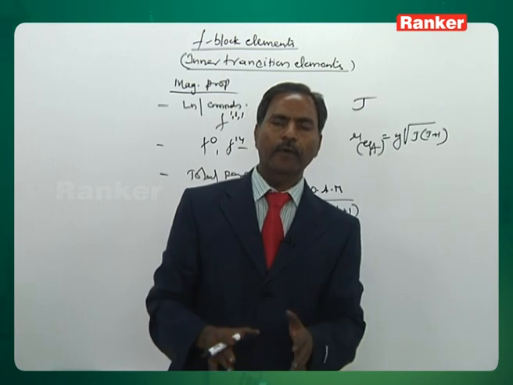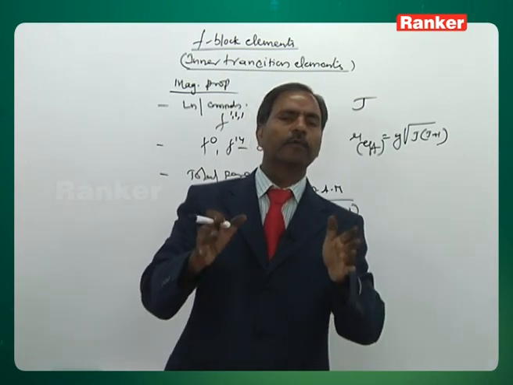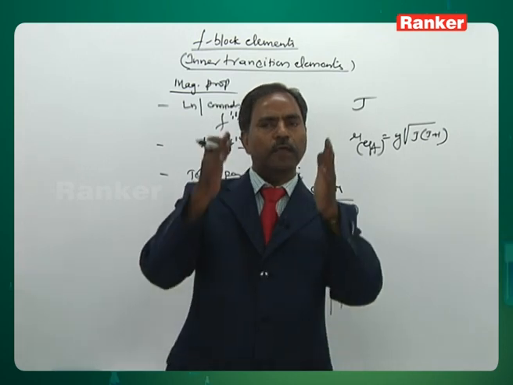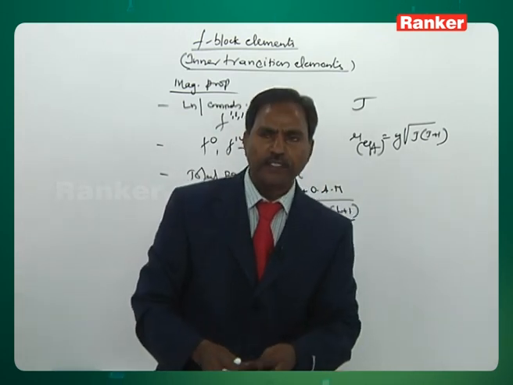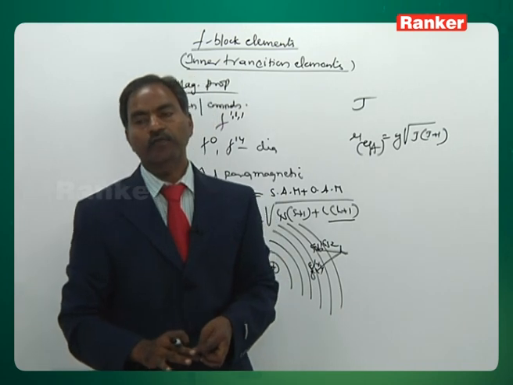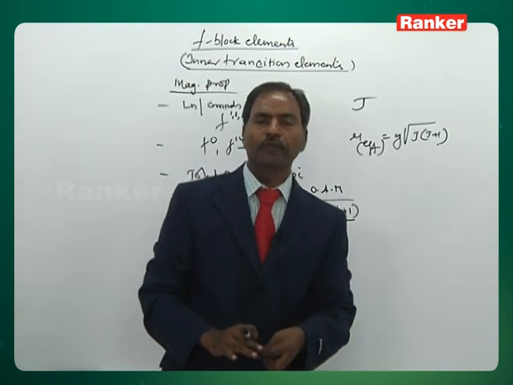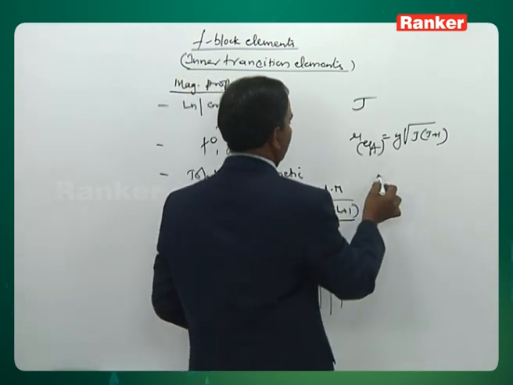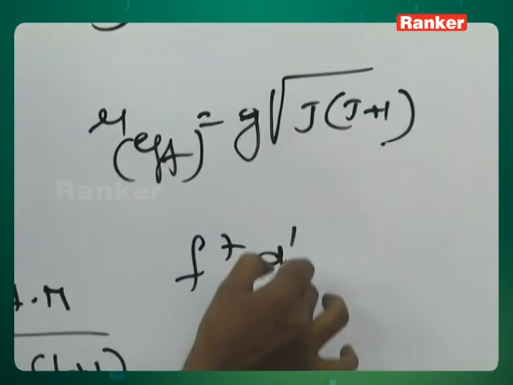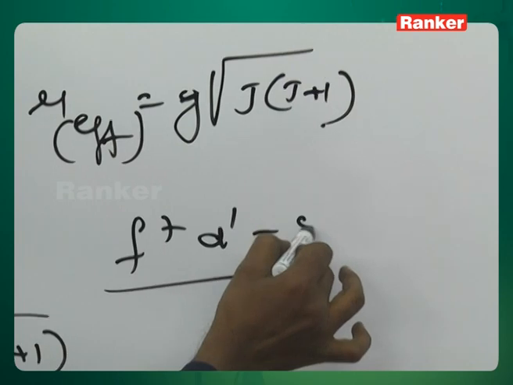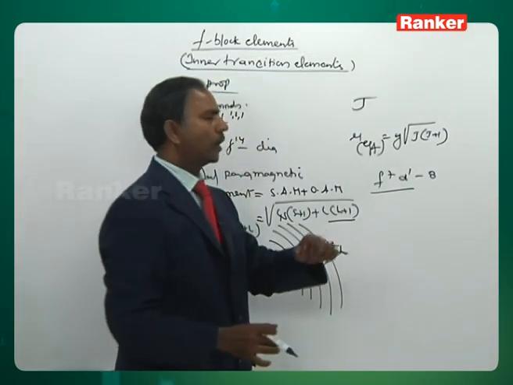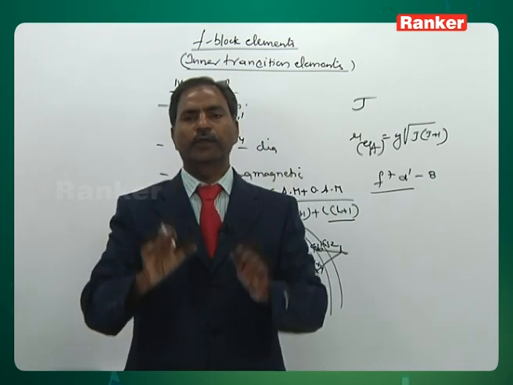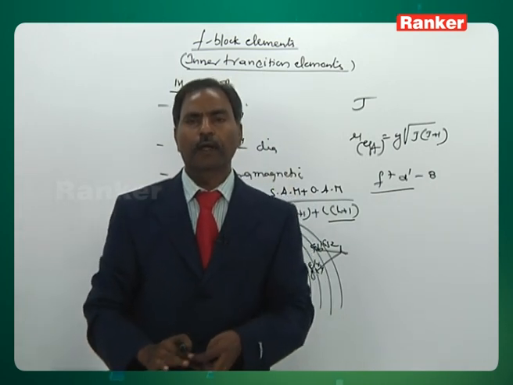Among all the lanthanides, gadolinium carries the maximum number of unpaired electrons. Its configuration is f7 d1, and the total number of unpaired electrons is 8. According to the number of unpaired electrons, gadolinium should exhibit greater paramagnetic moment.